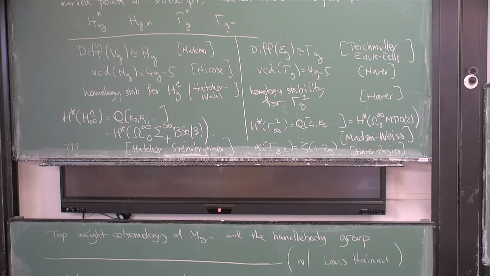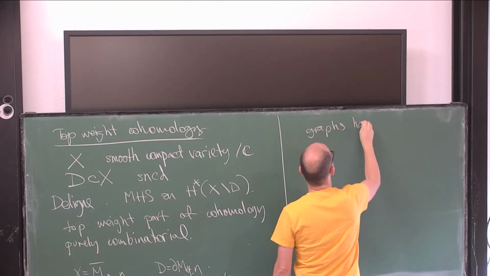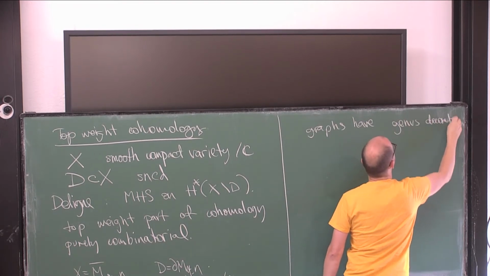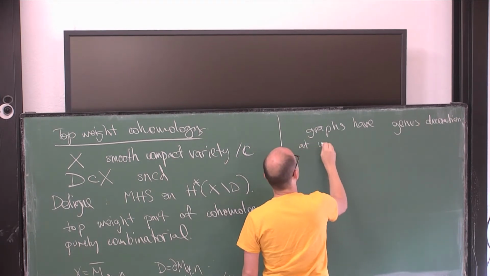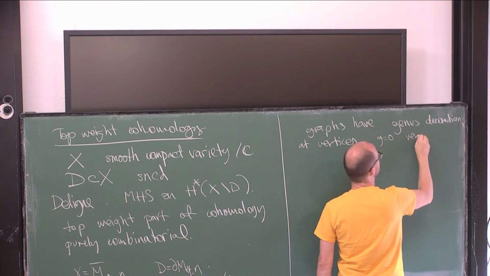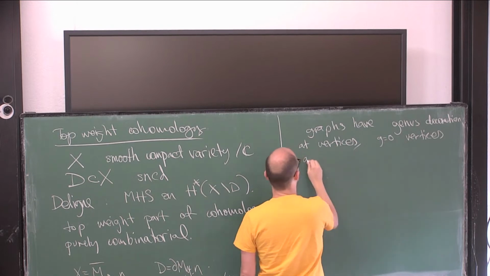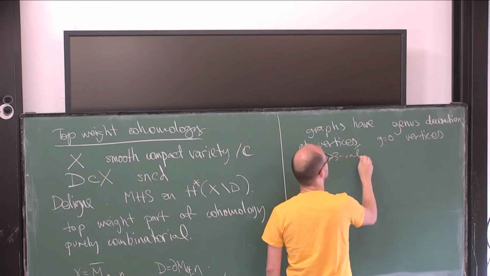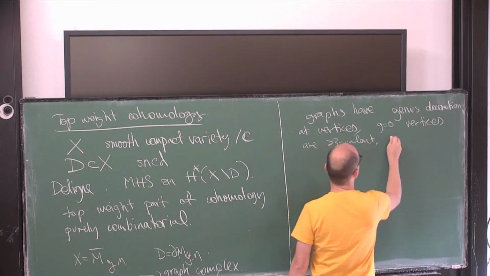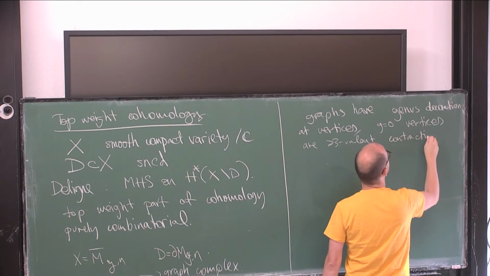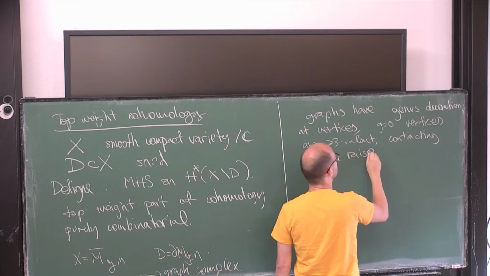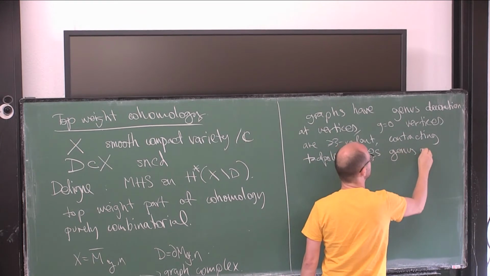So what are the graphs? The graphs have a genus decoration at vertices. Genus 0 vertices are at least trivalent. And contracting a tadpole raises the genus.